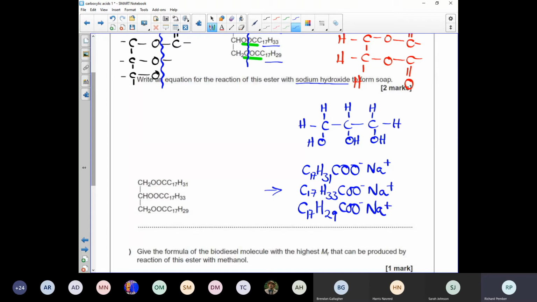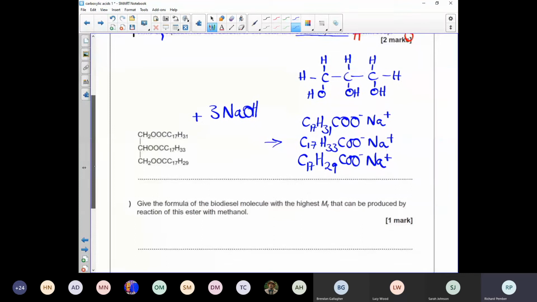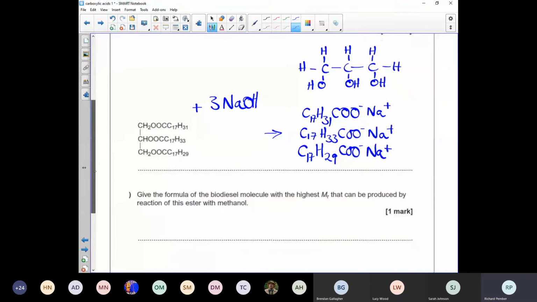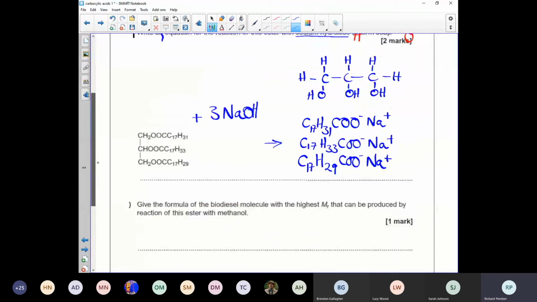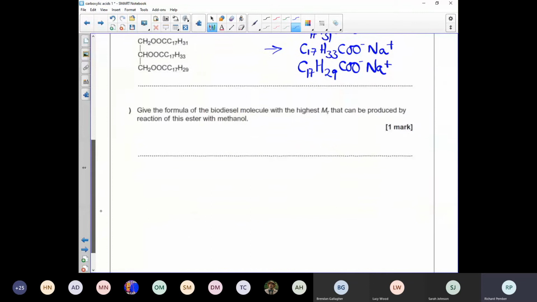Like so. Now this will have required 3 sodium hydroxide molecules to do that. So there is my overall balanced equation. So I'm fairly happy with that. Just double check. So that's looking good. So that was worth 2 marks.